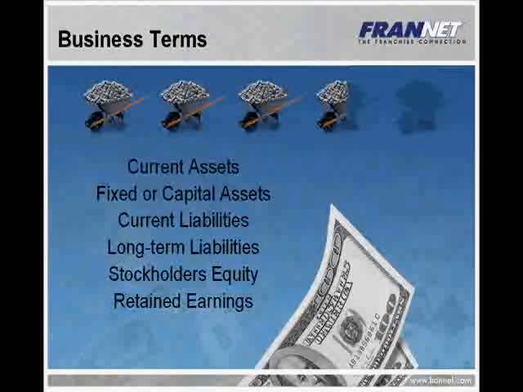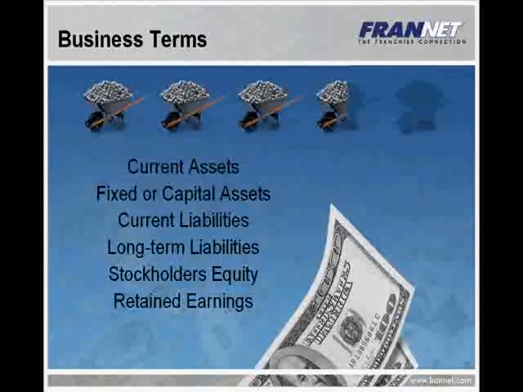In a company, it would be accounts receivable, those things that should turn to cash within the next operating cycle. You'll also hear fixed assets, or they may say capital assets, or long-term assets. Those are things like real estate, equipment, furniture, fixtures, things that you're not planning to turn to cash within the next operating cycle.